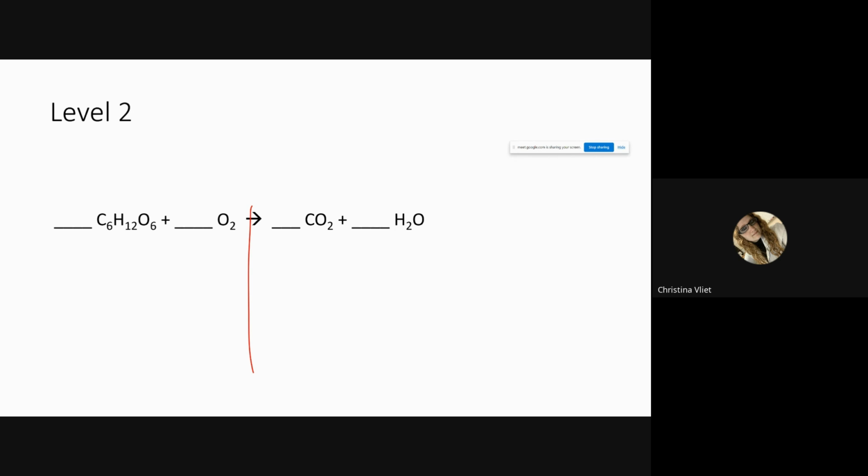You may recognize this equation because this is the overall reaction for cellular respiration. So in biology, I think they present you with the already balanced equation, for example, in honors bio or a previous bio class.